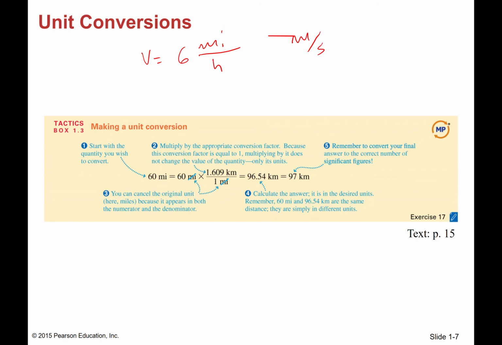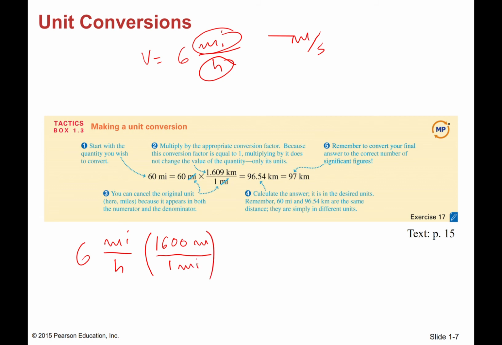Well, the idea is that we need to change these to meters and these to seconds, and to do that we're going to take 6 miles per hour and multiply that by 1. And 1 is what? Well, we have meters over here, so this is 1600 meters, and over here I have 1 mile.